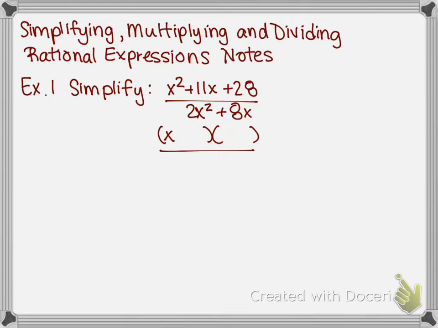Okay, hopefully you listened to me and paused it like I told you to. When we factor the numerator, you get x plus 7, x plus 4. In the denominator, we factor out a greatest common factor of 2x. That leaves us with x plus 4. So our first step in this problem is to factor the numerator and denominator.